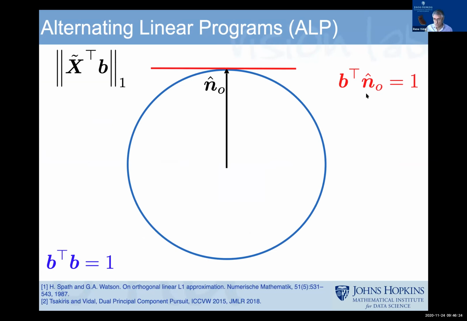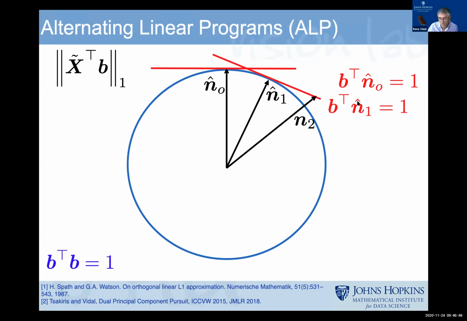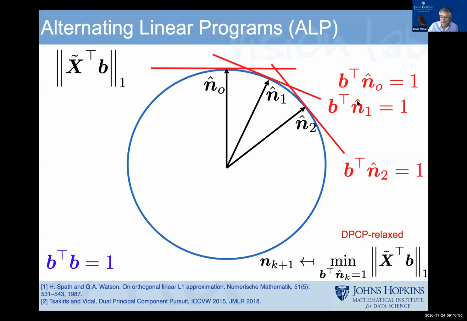That gives us a linear constraint on B. And now, because we have an L1 objective subject to a linear constraint, that's a linear program. So now we can solve for B by solving a linear program. If we do that, we get a new solution, N1, that we then project onto the sphere. Then we continue. We linearize, solve the linear program, and project. Now we've got this sequence of linear programs to be solved.